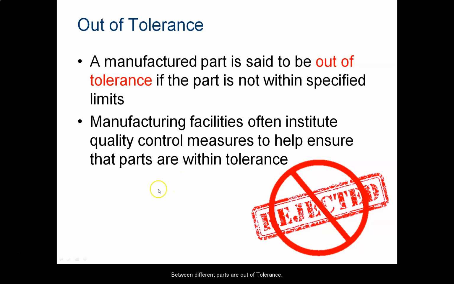All right, so out of tolerance. A manufactured part is said to be out of tolerance if the part is not within the specified limits. Manufacturing facilities often institute quality control measures to help ensure the parts are within the tolerance. One of the ways they do this is by making sure that their equipment is precise. So their dial calipers are inspected and repaired every couple of weeks to make sure that their calipers are very precise.